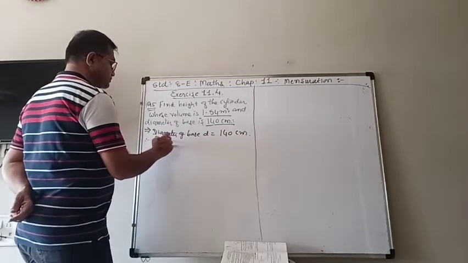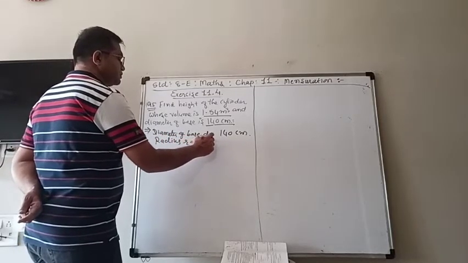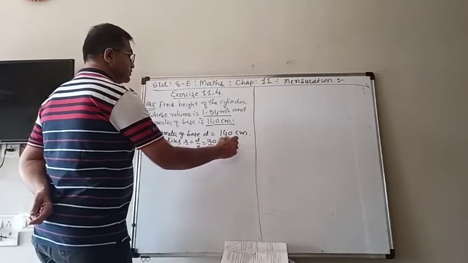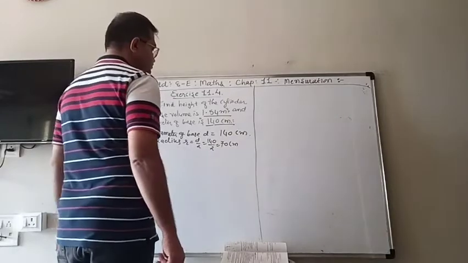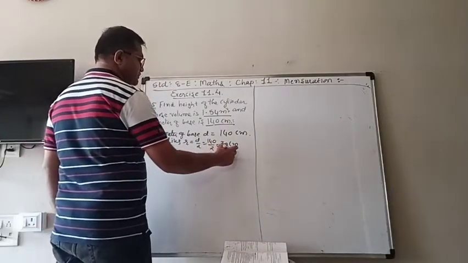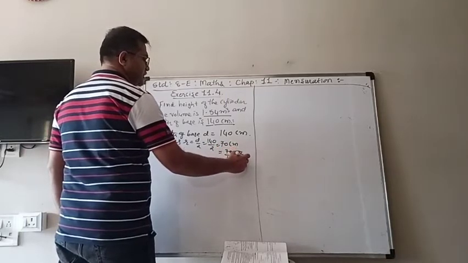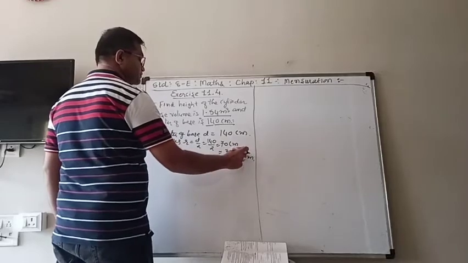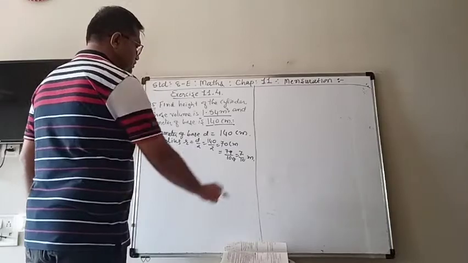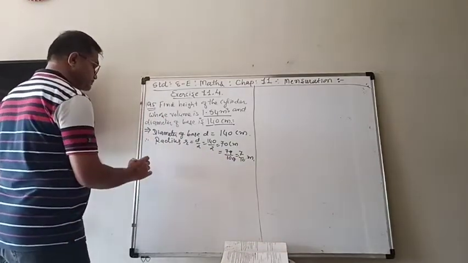So radius r is equal to d upon 2, is equal to 70 centimeter, is equal to 70 upon 100, that is 7 upon 10 meters. Because the volume is given in meter cube, so the radius also should be in meter.